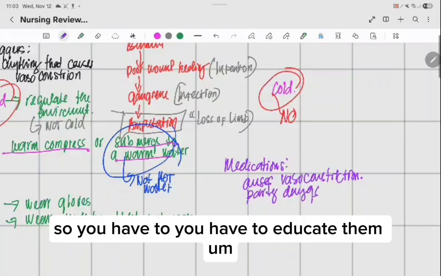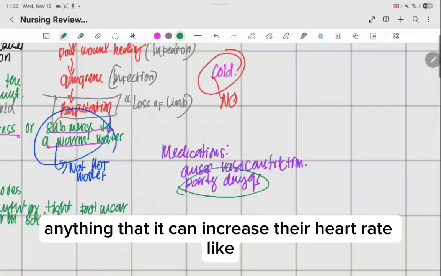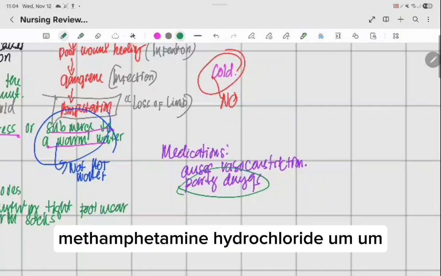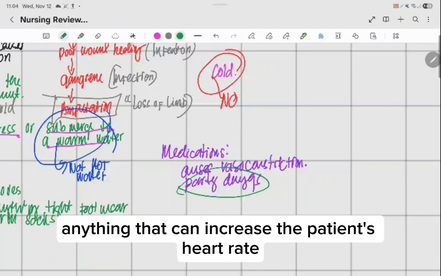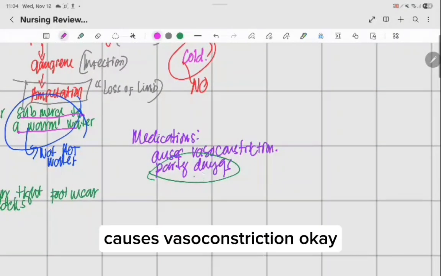So you have to educate them. No party drugs, like anything that can increase their heart rate, like meths, your methamphetamine hydrochloride, your ecstasy. Anything that can increase the patient's heart rate causes vasoconstriction.